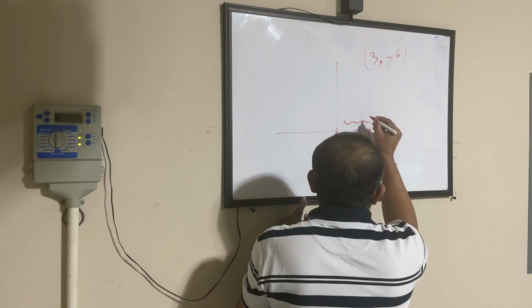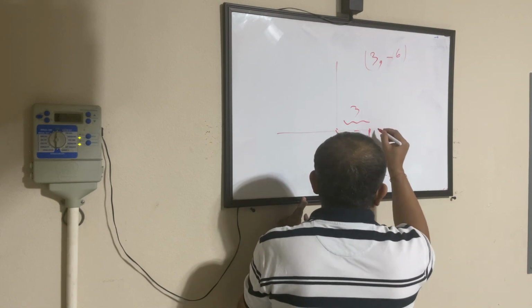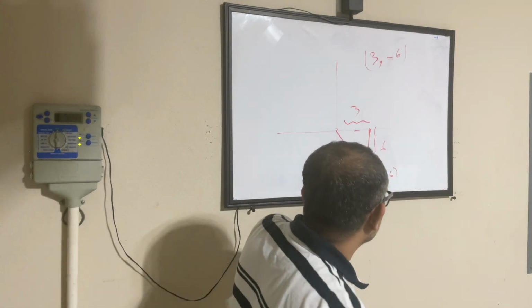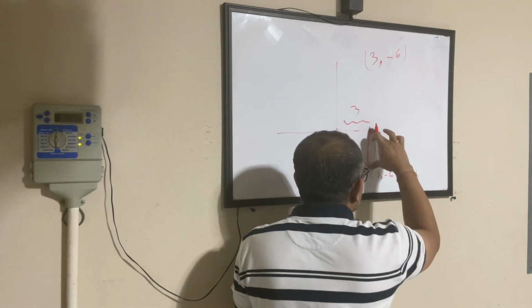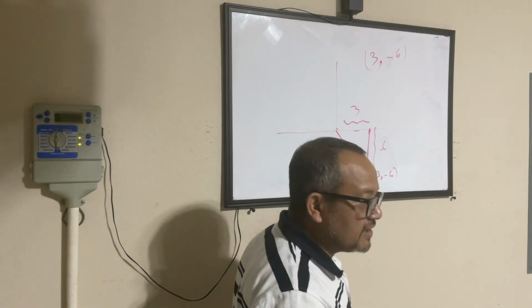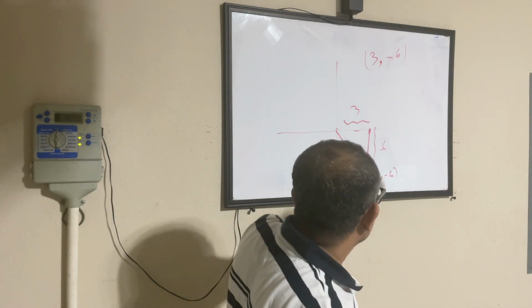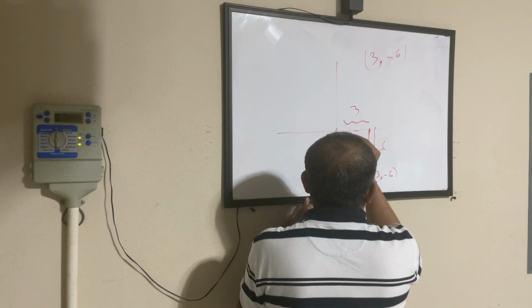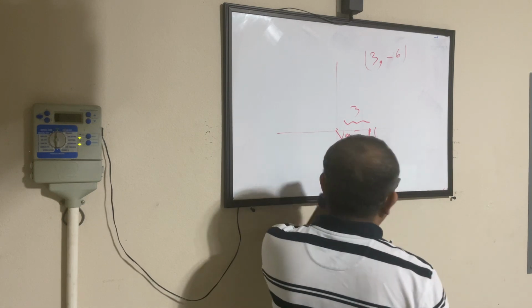So this distance is 3 and this distance is 6 in absolute value. I'm talking about the length of this line. I will ignore the sign for a little bit. So here, let's say this is theta. I have to find out the polar coordinate.